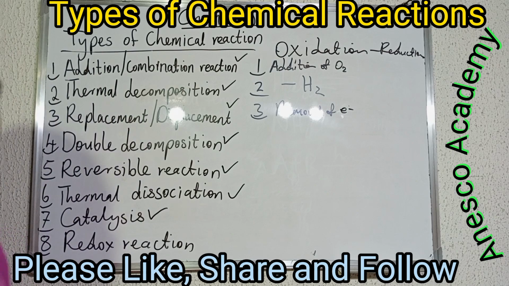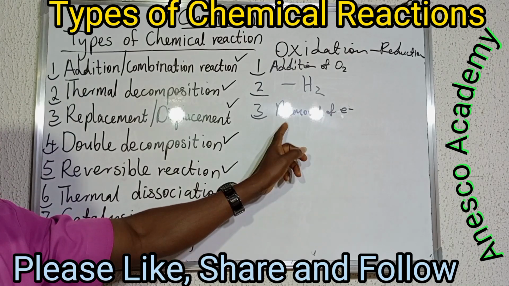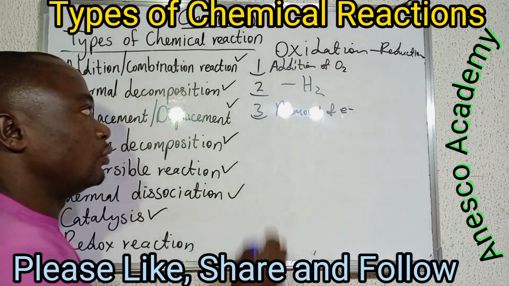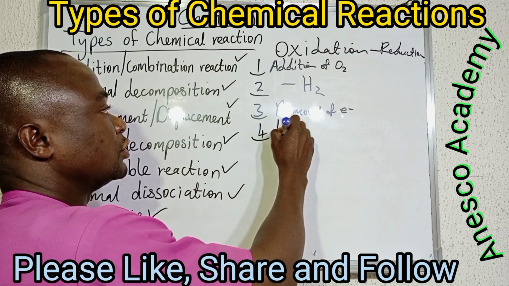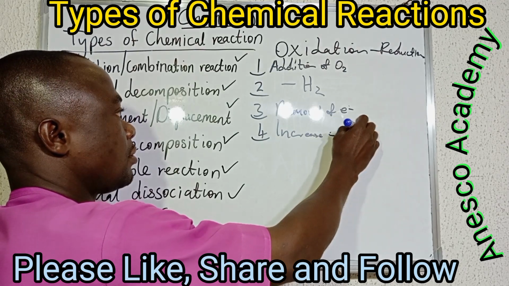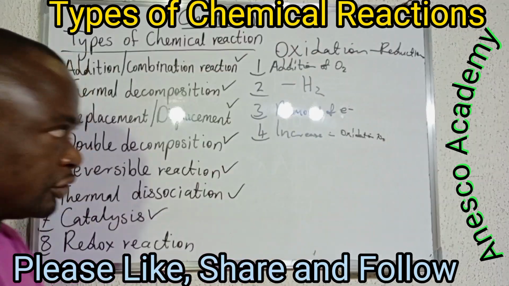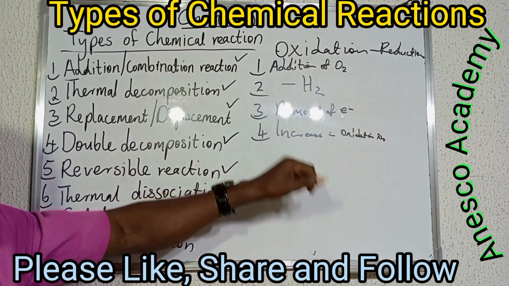Any atom or element that loses electron is said to be oxidized. Removal of electron means increase in what? Oxidation number. When electron is removed, oxidation number increases.